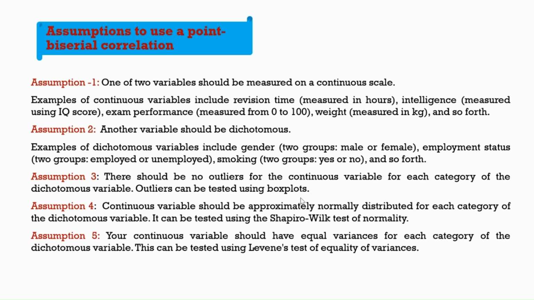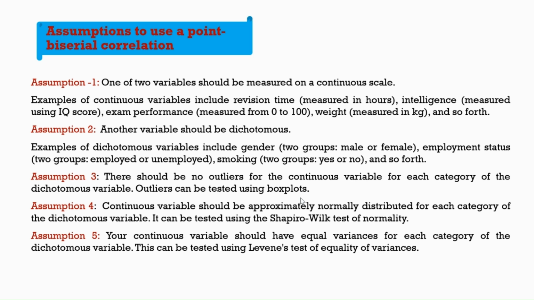Similarly, the third assumption is that there should be no outliers for the continuous variable for each category of the dichotomous variable. This is a very important assumption. Outliers are points which do not match the main points and are distributed at a long distance, and outliers can be tested using box plots. Box plots are the best method to find outliers.